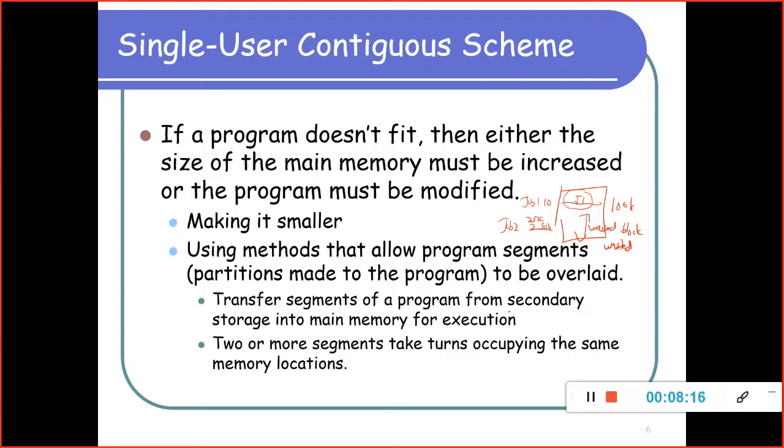Your hard disk drive, or now solid state drive, SSD, or maybe your USB. This is your secondary storage, not RAM. This is non-volatile memory. Then the transfer of the program into memory for execution, where two or more segments take turns occupying the same memory locations.